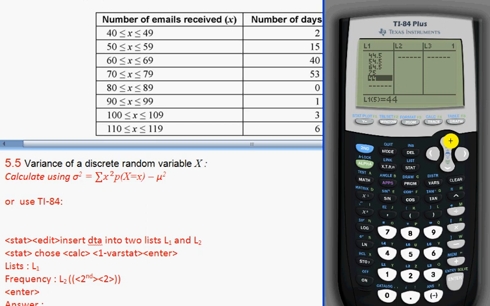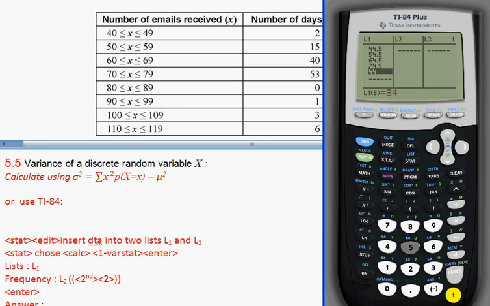No. 94.5. Enter. 104.5. Enter. And 114.5. Enter.